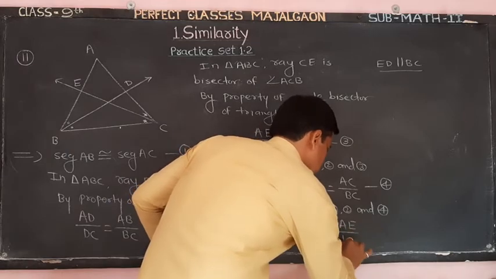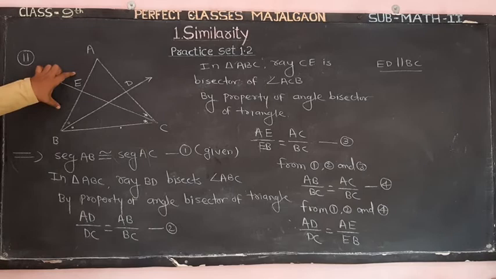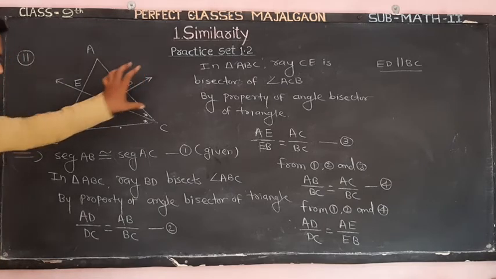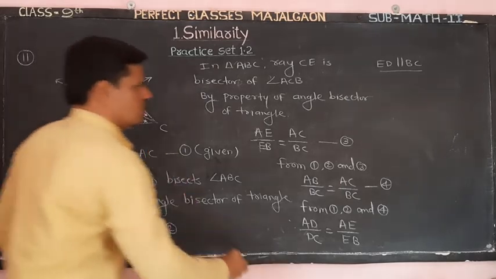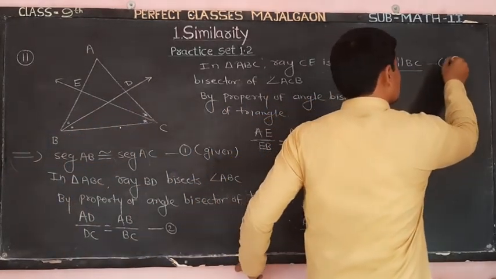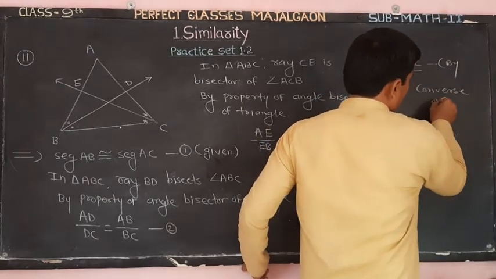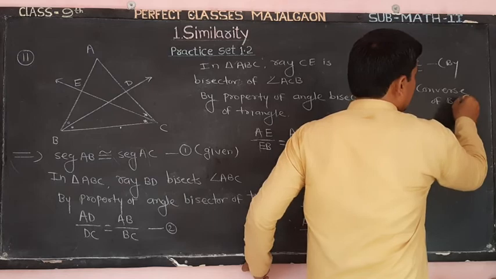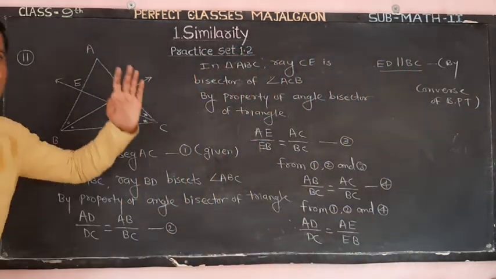Now AE upon EB equals AD upon DC. Therefore we can say that ED is parallel to BC, by converse of BPT, basic proportionality theorem. Here we show these two are parallel to each other.